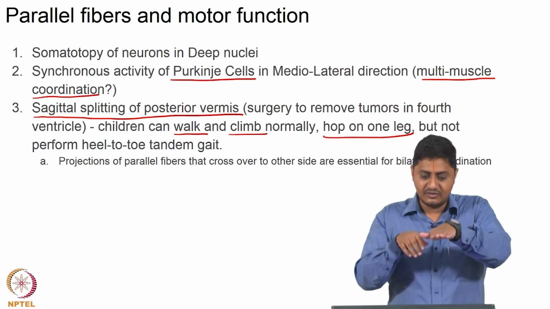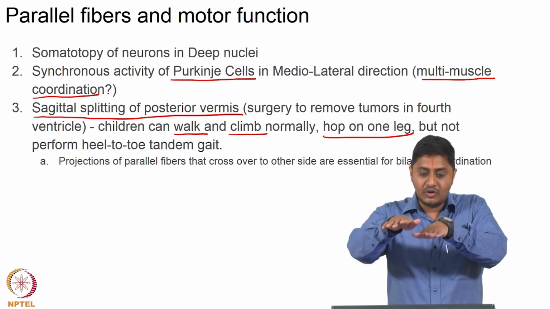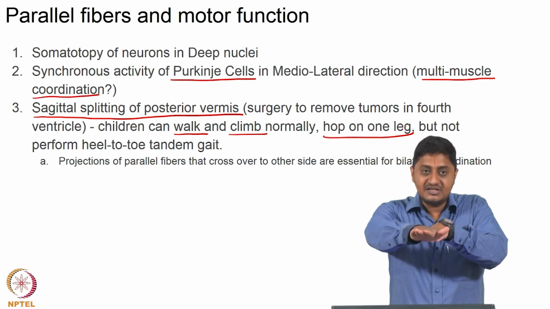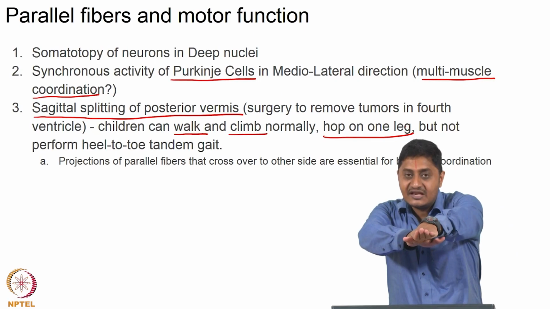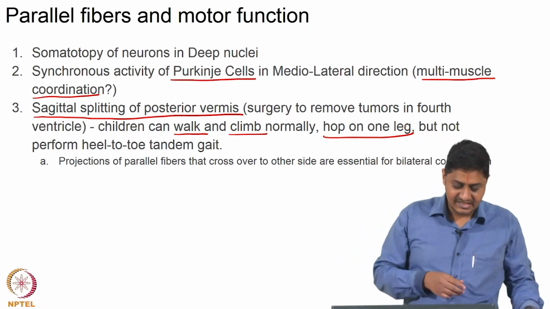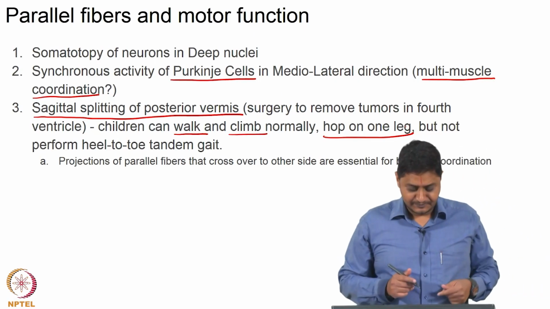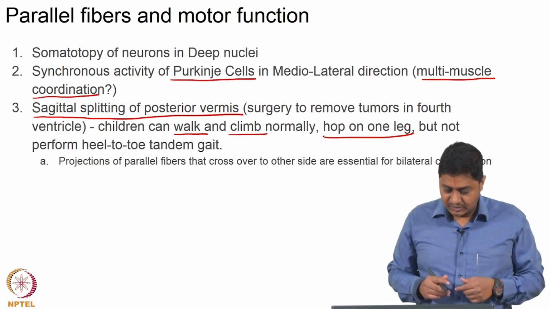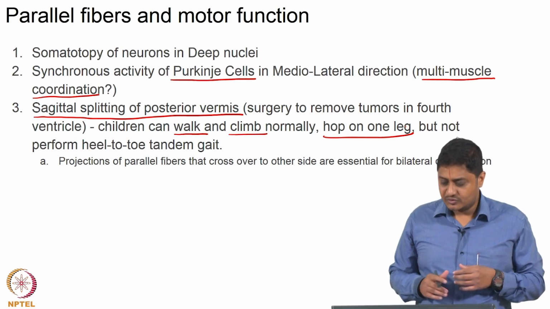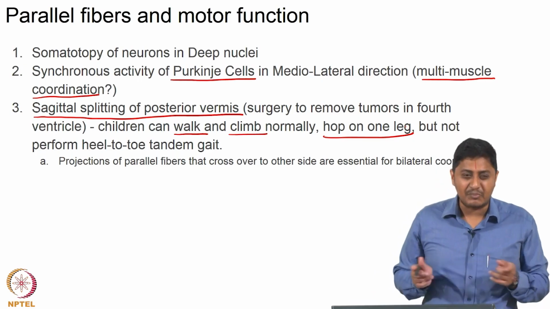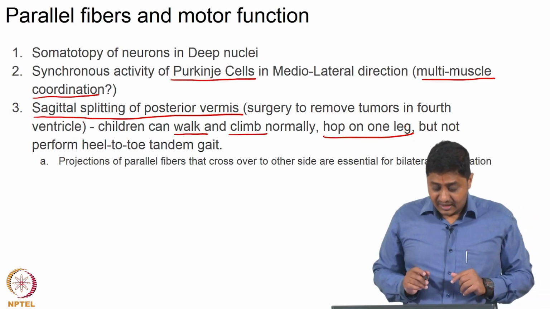So, the toe of one leg must meet the heel of the other leg, and then the toe of that leg must meet the heel of the other leg. This is called heel to toe tandem gait. So, this is a task that requires two side coordination or bilateral coordination.